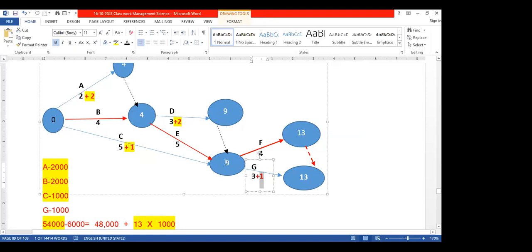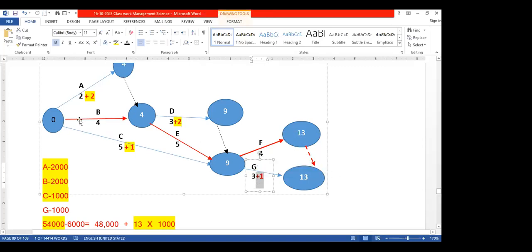So if you add 9 plus 5, how much? 14. So that is wrong. But we can add 1 day here, not all the days. So here remember, this is a special case for activity G only. For activity G only, we can add only 1 day, not all 2 days.